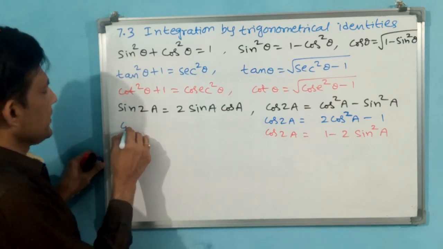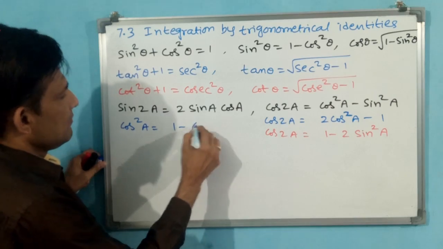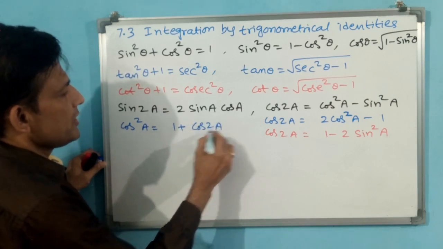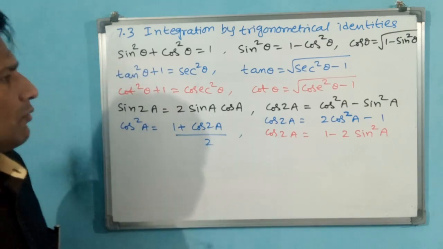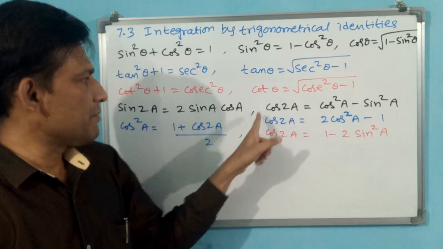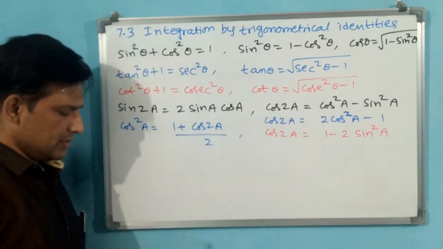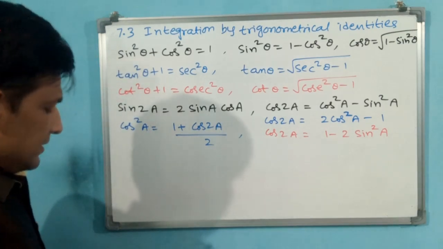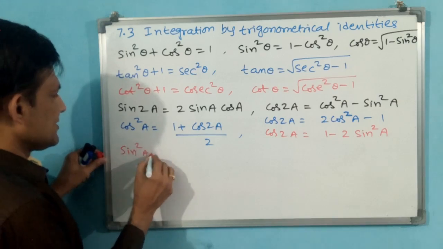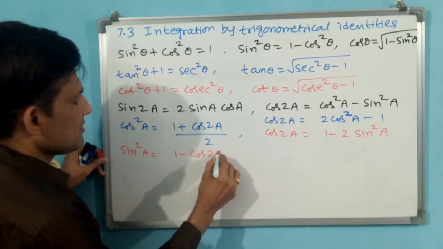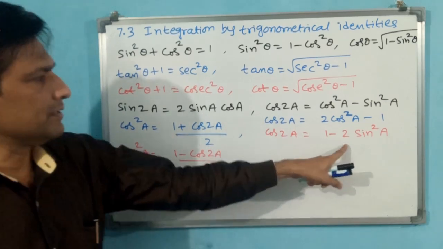Cos square a is equal to 1 plus cos 2a divided by 2. And another thing: sin square a is equal to 1 minus cos 2a by 2.